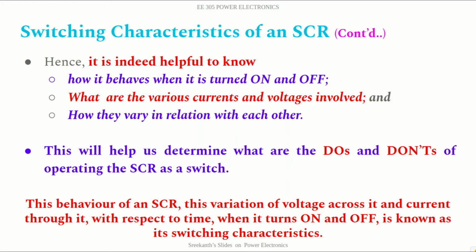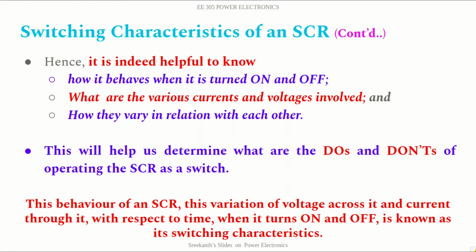This will help us determine the do's and don'ts of operating the SCR as a switch. This is very important because if you don't know how to operate an SCR, it could end up with the SCR being damaged or even the circuit getting damaged. So that is why we study the switching characteristics of an SCR, so that we can predict how it is going to behave and make the necessary corrections so that it operates in the best possible manner.